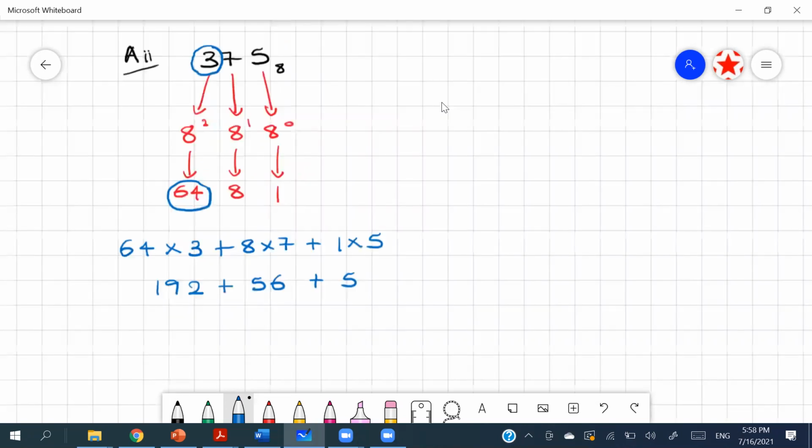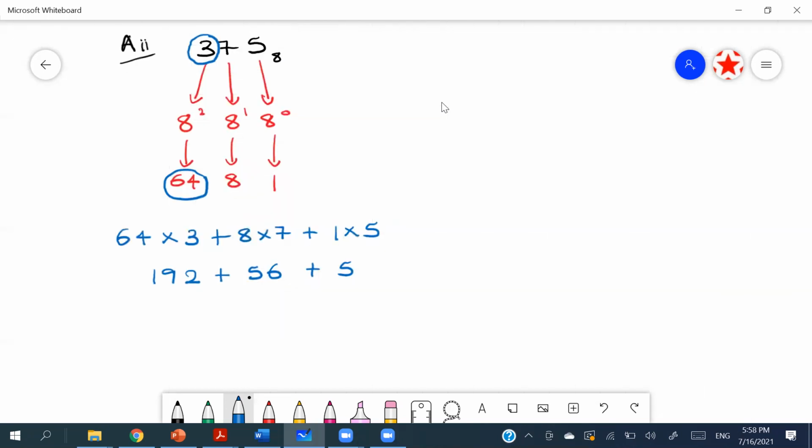So which is going to give you the answer. 2 plus 6 is 8, 8 plus 5 is 13, 1 is remaining. So 9 plus 5 is 14, 14 plus 1 is 15. So it's going to be 253, right, in decimal, right?